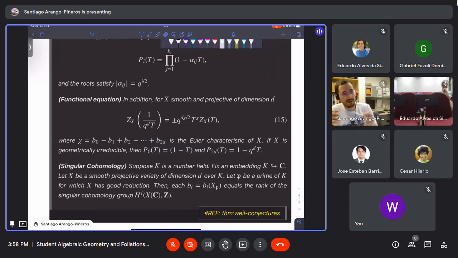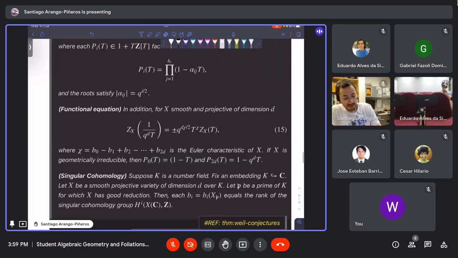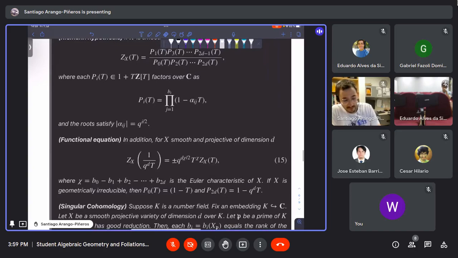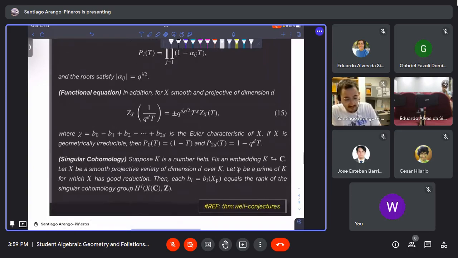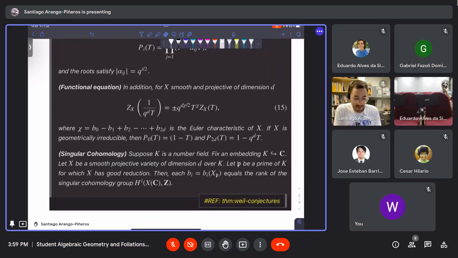What you can do now is take the equations that define your variety and reduce them mod given primes. Then you have a variety defined over a finite field, and you can look at the information given in the previous step, right? So you have these b_i's for each one of these reductions.